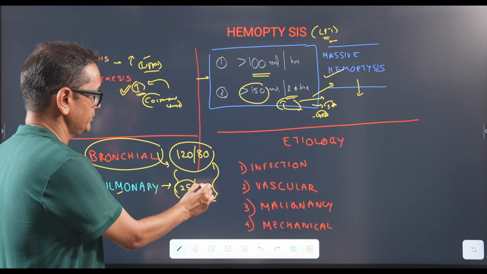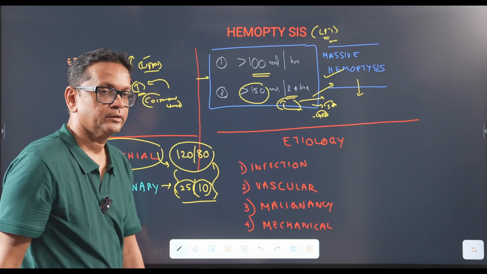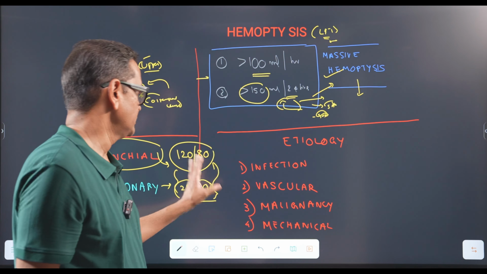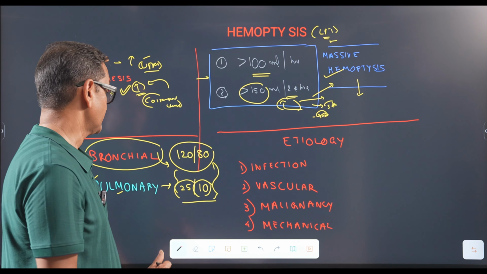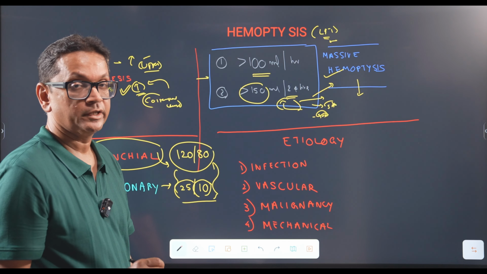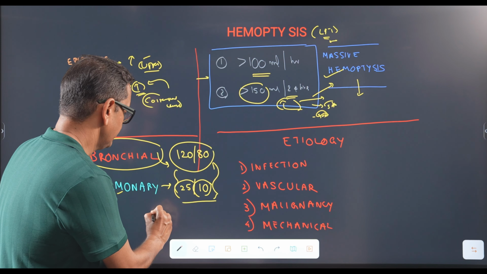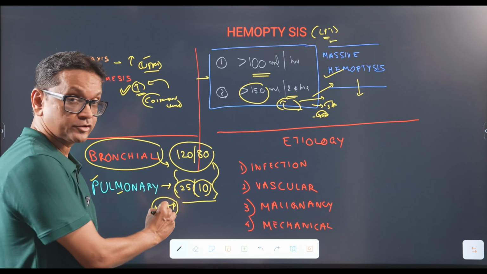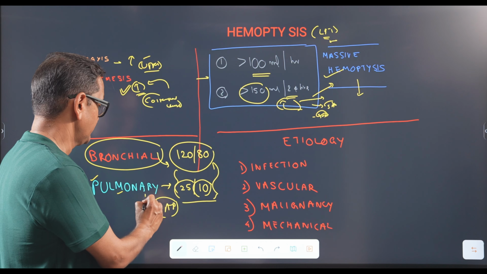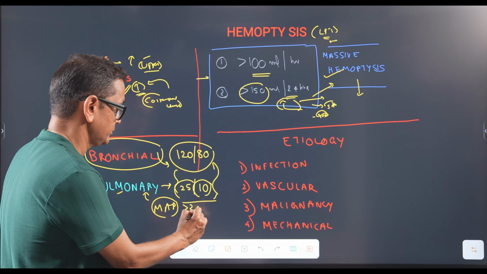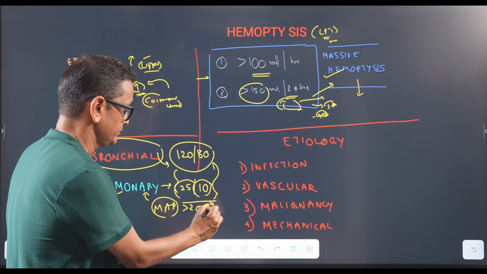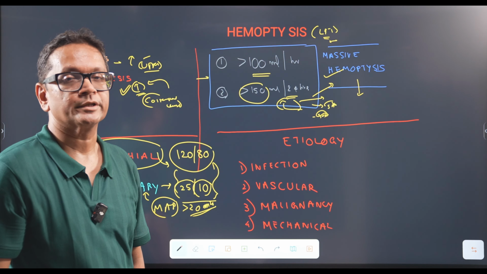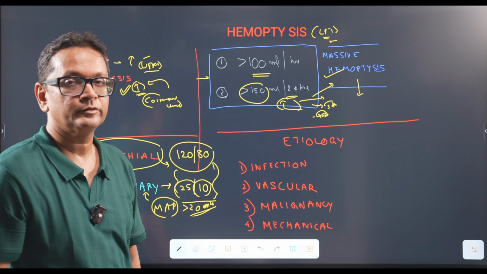Systolic is around 25, diastolic is around 10. And you know mean arterial pressure is the average of systolic and diastolic. As far as pulmonary circulation is concerned, I will tell an important clinical point. If the mean arterial pressure, MAP, not systolic or diastolic, in the pulmonary vasculature is more than 20 millimeters of mercury, then it is labeled as pulmonary arterial hypertension, typically with the aid of 2D echocardiography.